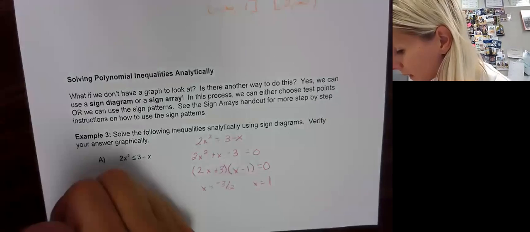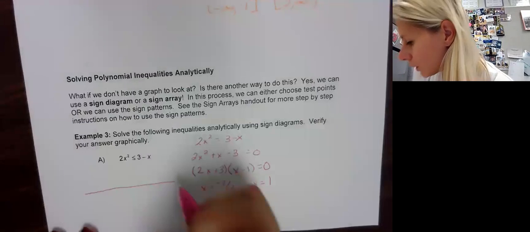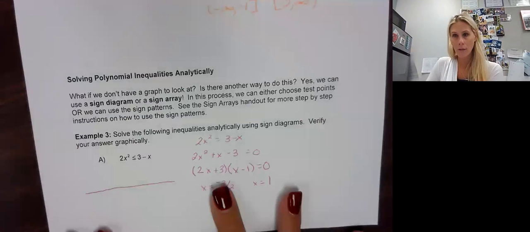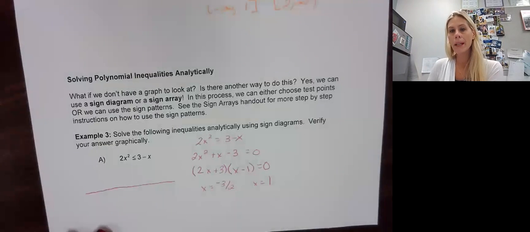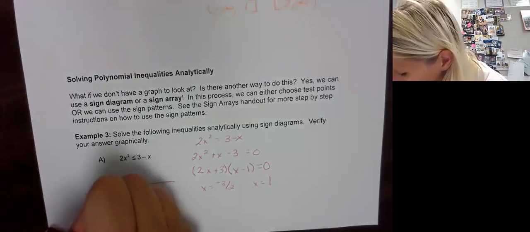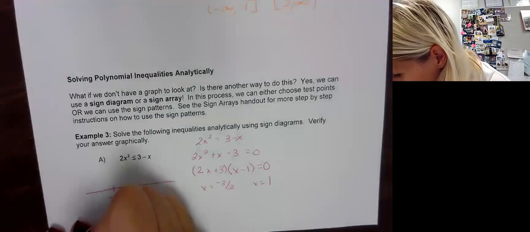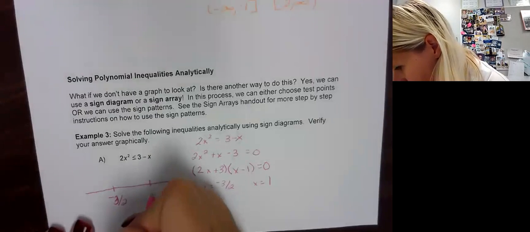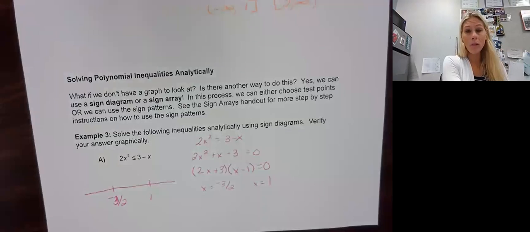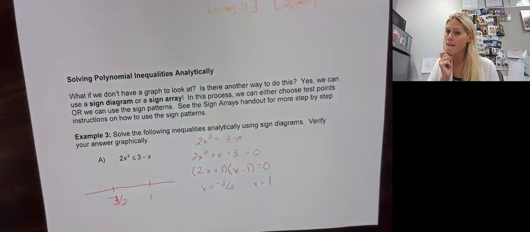So when it comes to sign rays, the first thing you're going to do is put these values on the sign ray. Okay, you want to put them in order. So -3/2 and 1. Now this is how you do the sign ray.